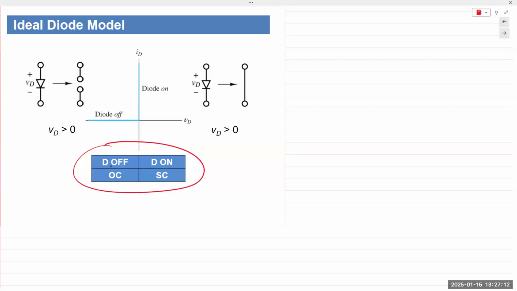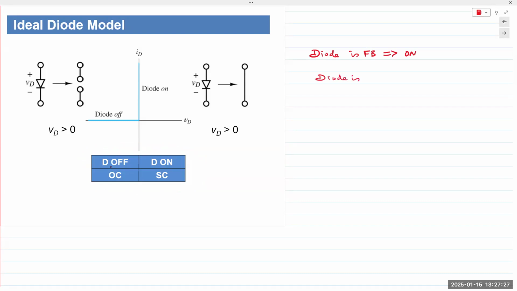Basically, if the diode is forward bias, the diode is on. If the diode is reverse bias, the diode is off.